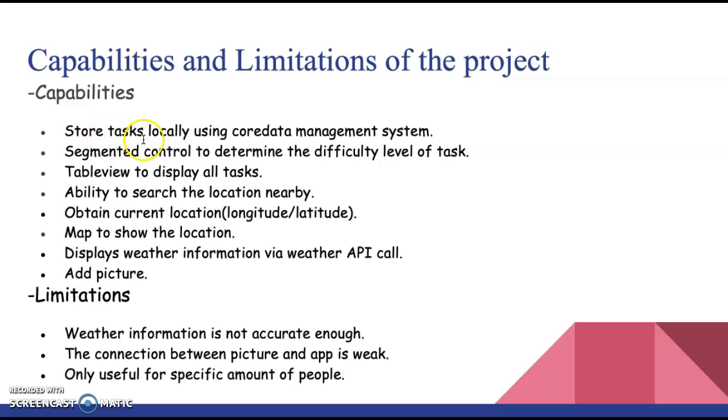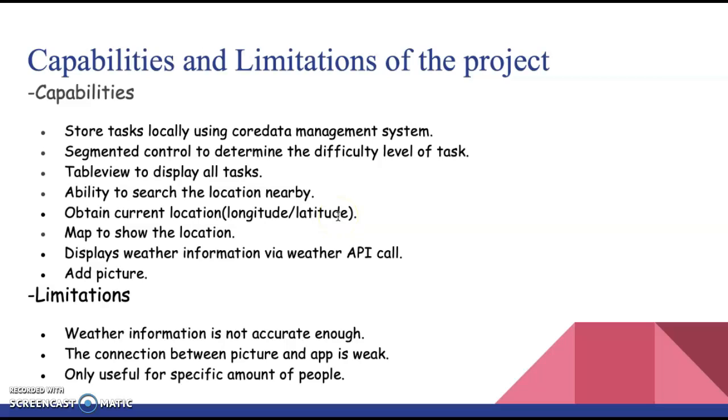I can store tasks locally using the Core Data management system. The user can determine the difficulty level of the task through a segmented controller. And for the table view, it will display all the tasks. It has the ability to search for nearby locations.